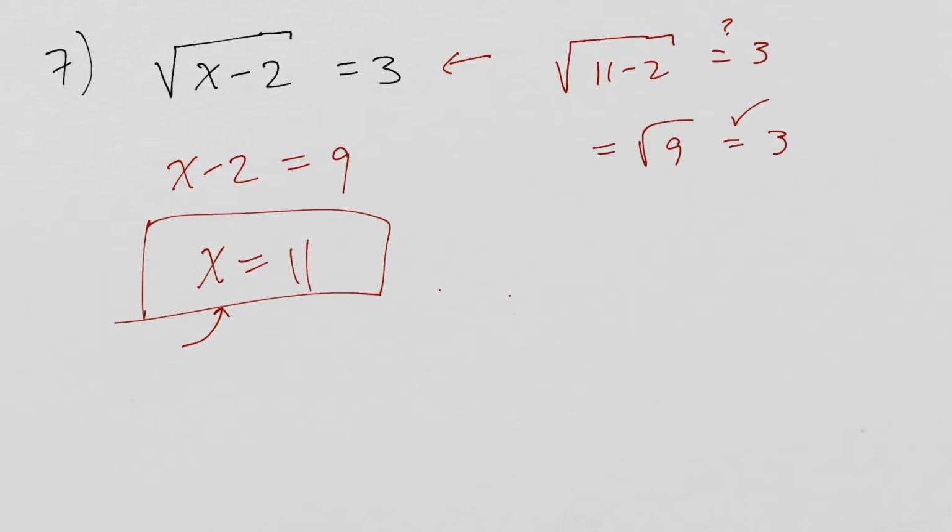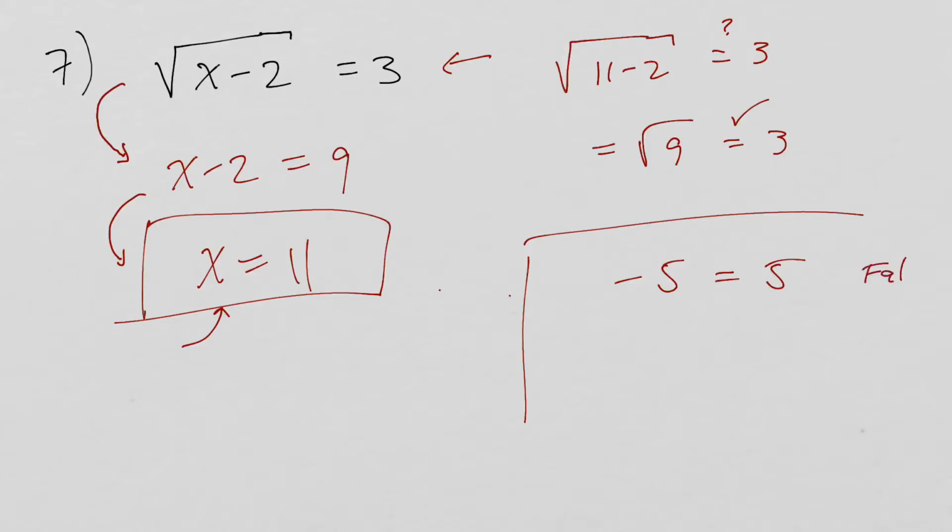An extraneous root comes from the fact that if you do a squaring, you could possibly turn a false statement into a true statement. And then when you solve this, this could possibly come from a false statement. Let me give you an example. Let's say I started with negative 5 is equal to 5. That's a false statement.